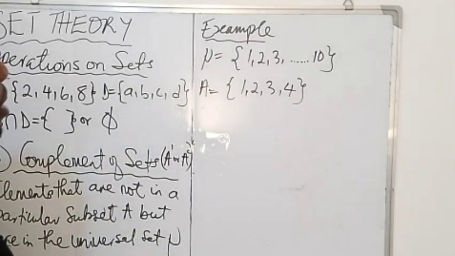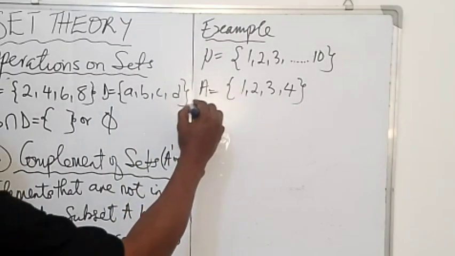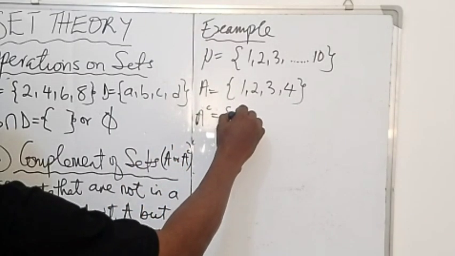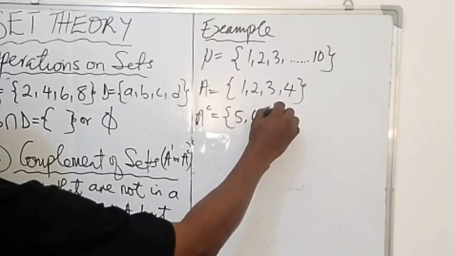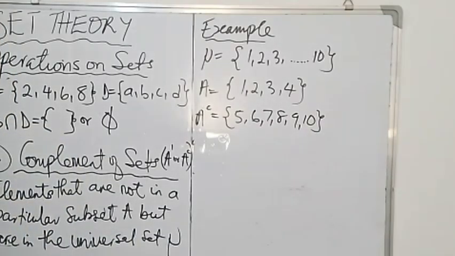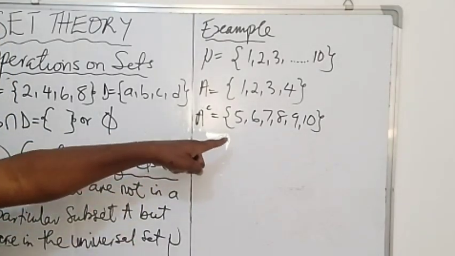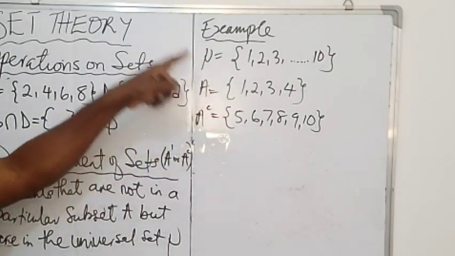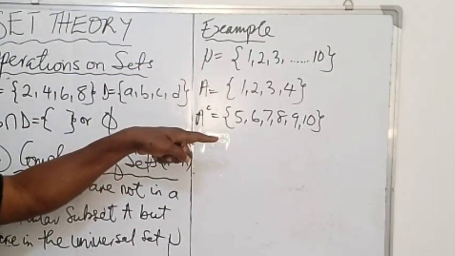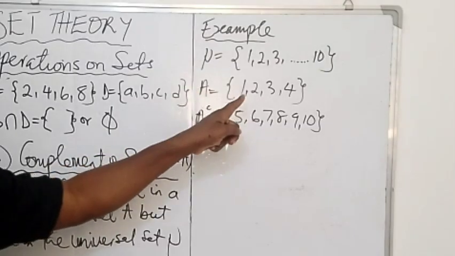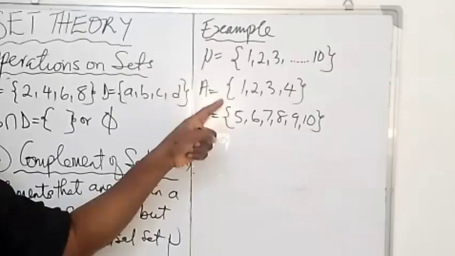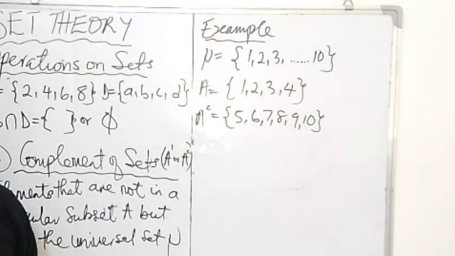So A complement will be definitely 5, 6, 7, 8, 9, and of course 10 itself. This is a way of expressing elements that are not in a particular subset, but they are in a mother set. So if set A is 1, 2, 3, and 4, then complement of set A will be 5, 6, 7, 8, 9, and 10.